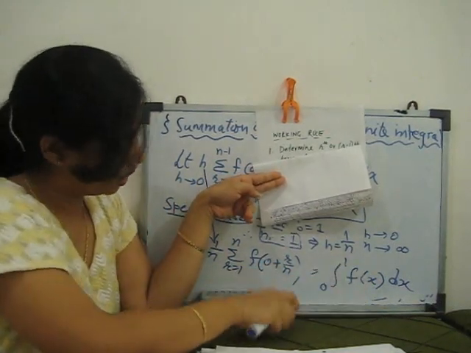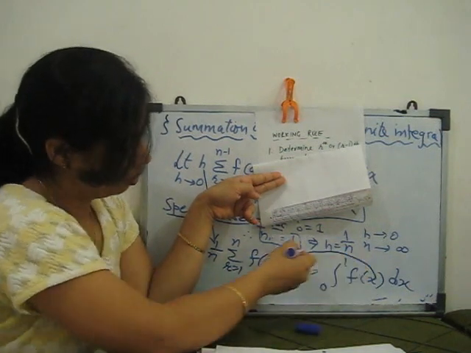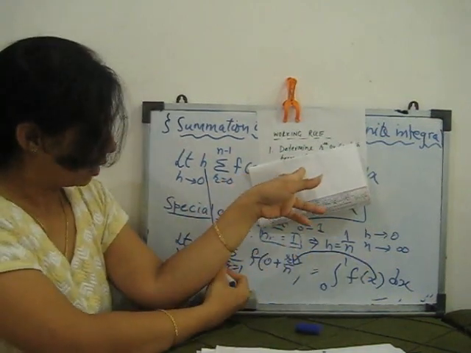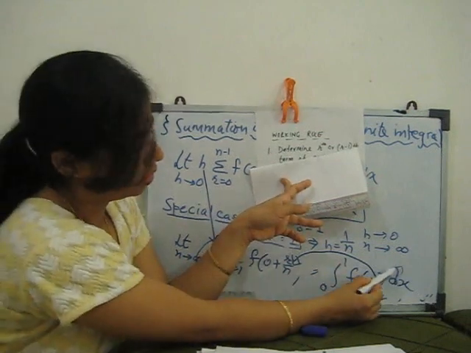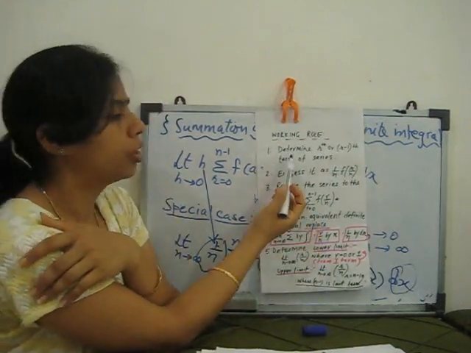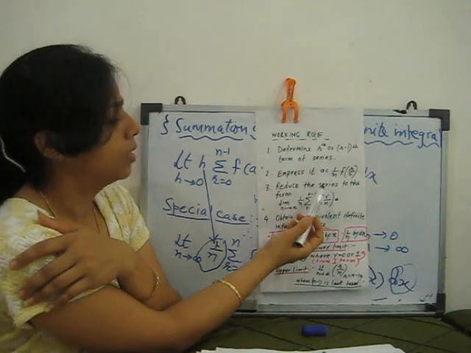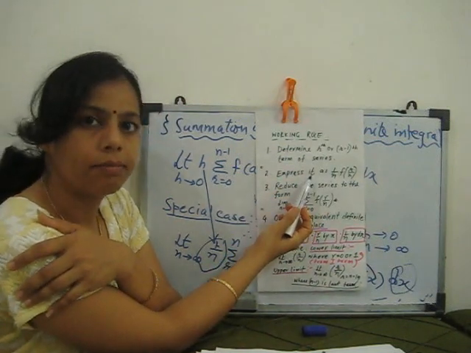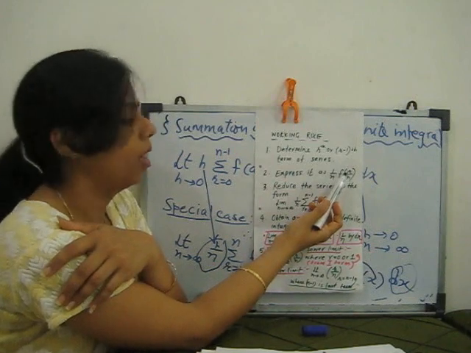So replace r by n with x and this 1 by n with dx. So first step, find the general term. Second, express it as 1 by n and a function of r by n.